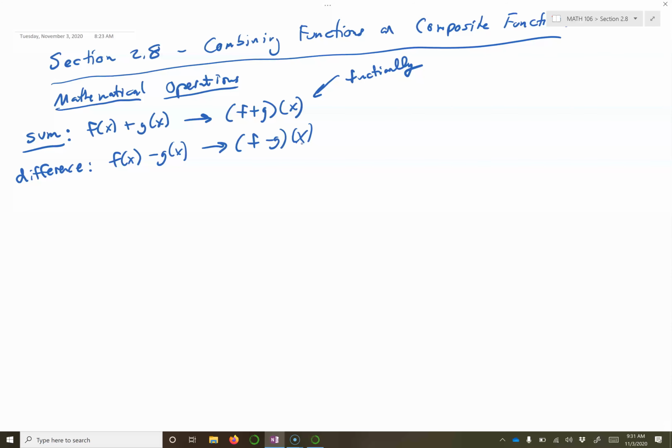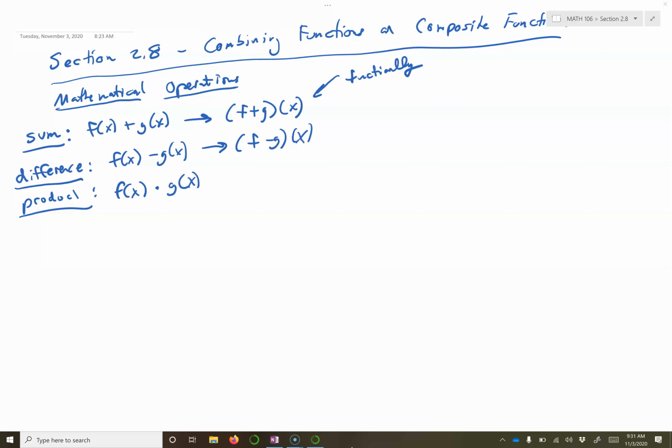All right. So sum, difference, right? We're just going through the basic operations on the calculator. The next one I'll talk about is product. So this would be f of x times g of x. Sure, you can multiply two functions together. Like remember when we did FOIL, we had x plus 1 times x plus 3.